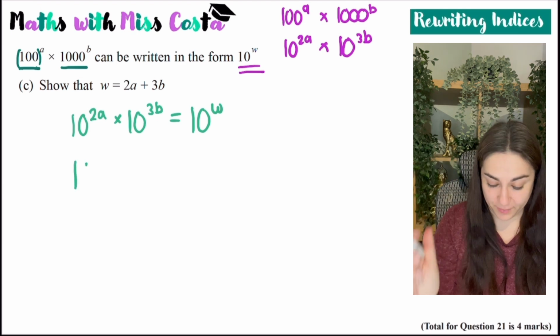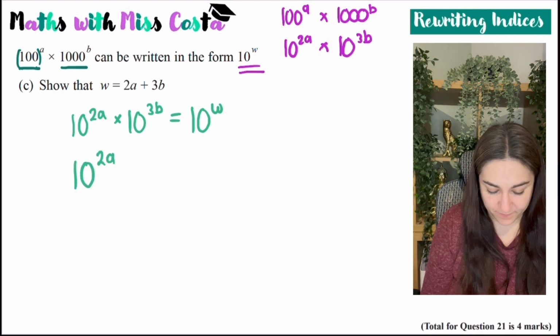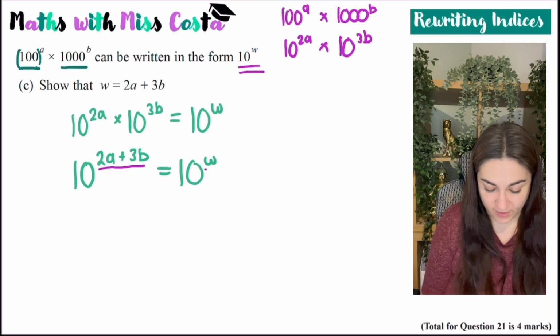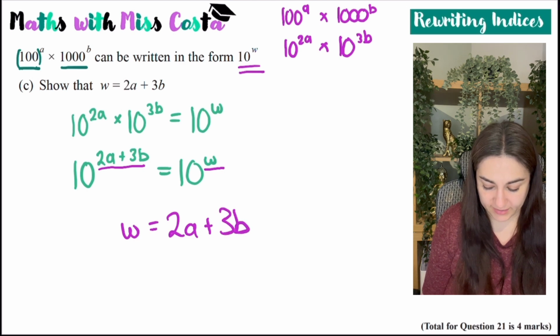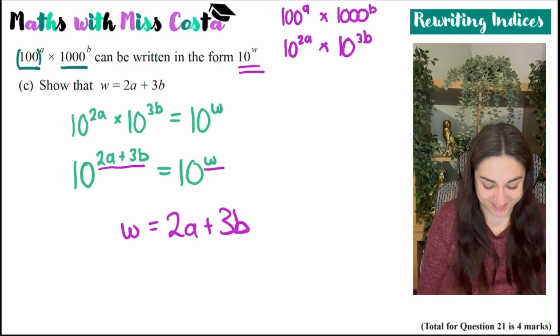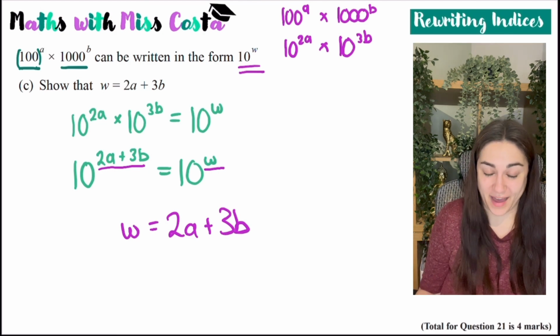You add the powers. So that would become 10 to the power of 2a plus 3b is equal to 10 to the power of w. And then I know that this must be equal to that, so therefore w must equal 2a plus 3b. This is a tricky question, but that's how we'd show that.